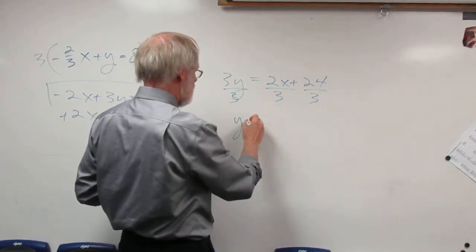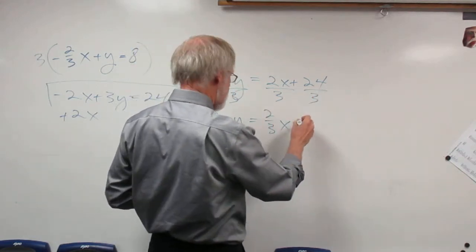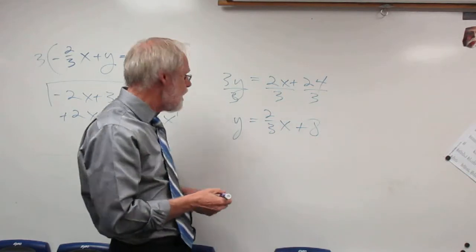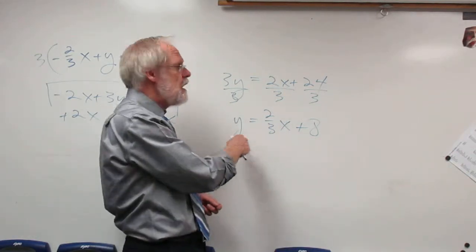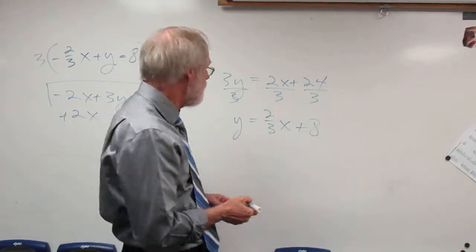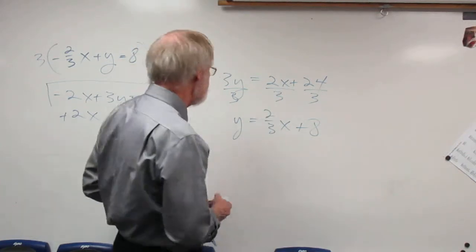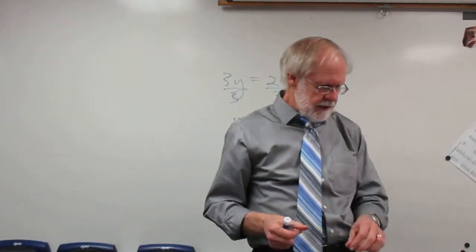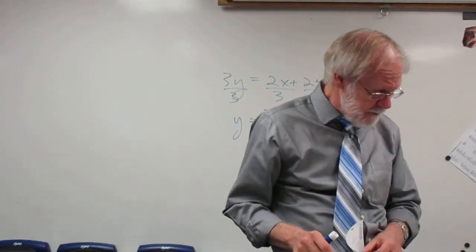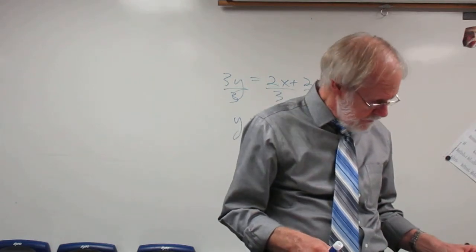And I get y equals 2/3 x plus 8, and we're back to this form. It is more difficult to take this form and put it into point-slope form, so we're not going to worry about that at the moment. And I believe that concludes our discussion of the 3 different forms for now.